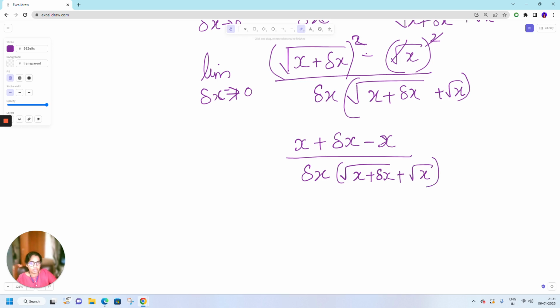And we have this limit term in all the steps.